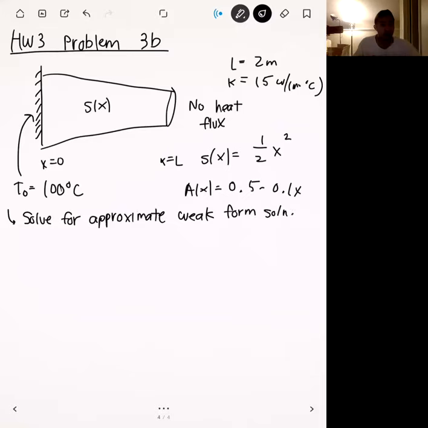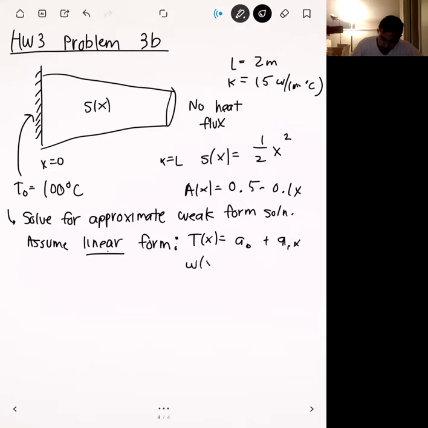Then we're going to assume a linear form of the weighting and solution functions. A linear form basically only has two terms, so it's going to be a0 plus a1x.